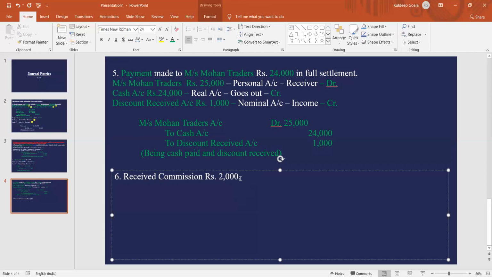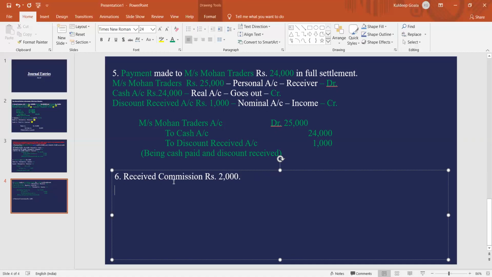Sometimes if I invest money in any shares or debentures, I will get return as dividend or interest. And if I keep money in my bank, then I will get interest. And if I do some other work, then it can be fetching me commission also. So here I have received commission. How much commission I have received? 2000, right?